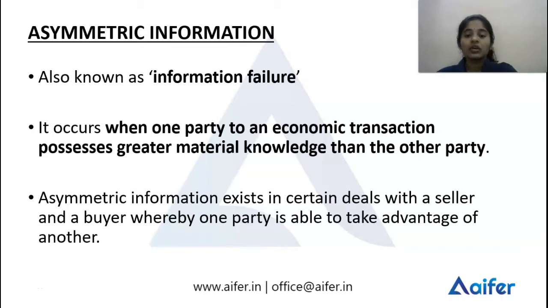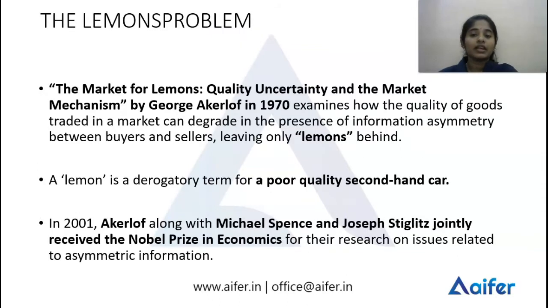One party in a particular economic transaction has some important knowledge, more information than the other party. That means one party is exploiting the other's ignorance, the other's information failure. So this is all about asymmetric information.